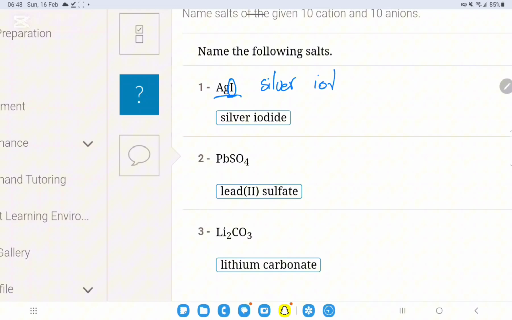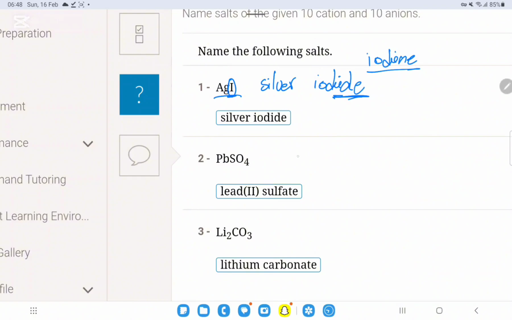So silver iodide. Because ions end in IDE. We say iodine for the element itself. But when we're talking about ions, it's not iodine, it's iodide. Almost all of the anions end in that. Silver iodide. For the cations, they stay the same.